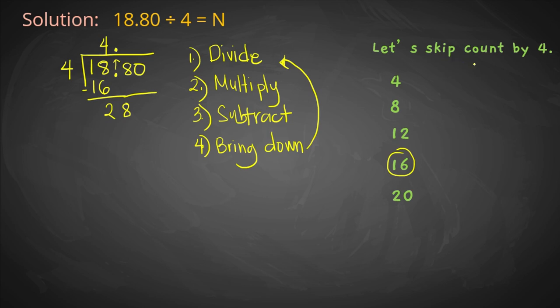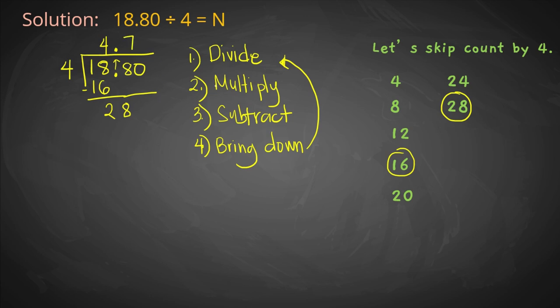So, let's continue, skip counting by 4. So, 20, 24, 28. So, ito ngayon yung 28. Nakita natin yung 28 sakto. Pang ilan yung 28? So, 1, 2, 3, 4, 5, 6, 7. So, we have 7. 28 divided by 4 is 7.